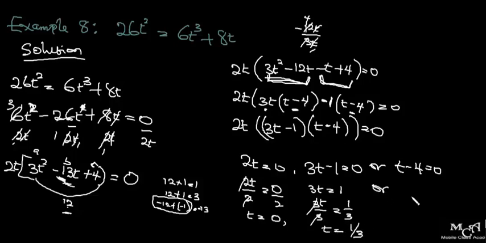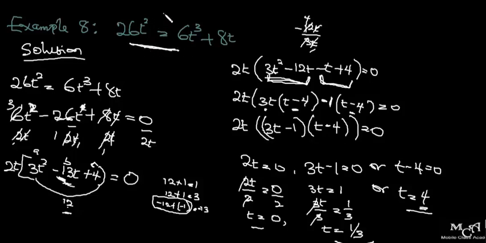Is that understood? Or t equals, this crosses to that side, then I have positive 4. So for this particular equation, I have t equals 0, t equals 1 over 3, and t equals 4. So these are the values of t for this expression.